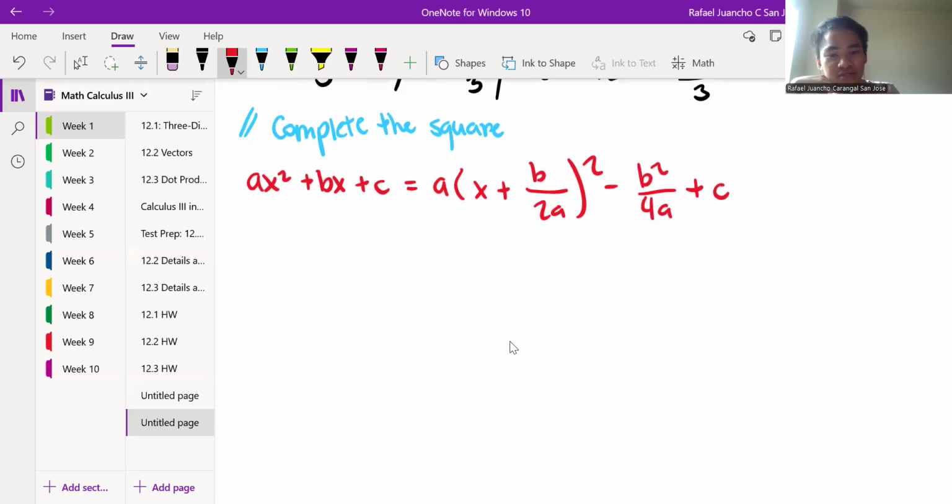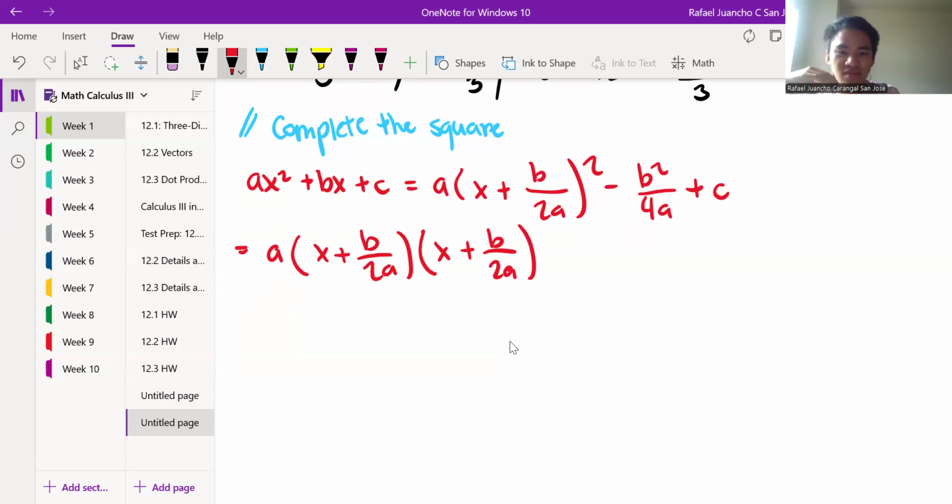Now to prove that this works, we can solve it, right? So we have x plus b over 2a. We multiply that to each other because it's squared, right? And we have here minus b squared over 4a plus c. And then from here, we just multiply this thing.